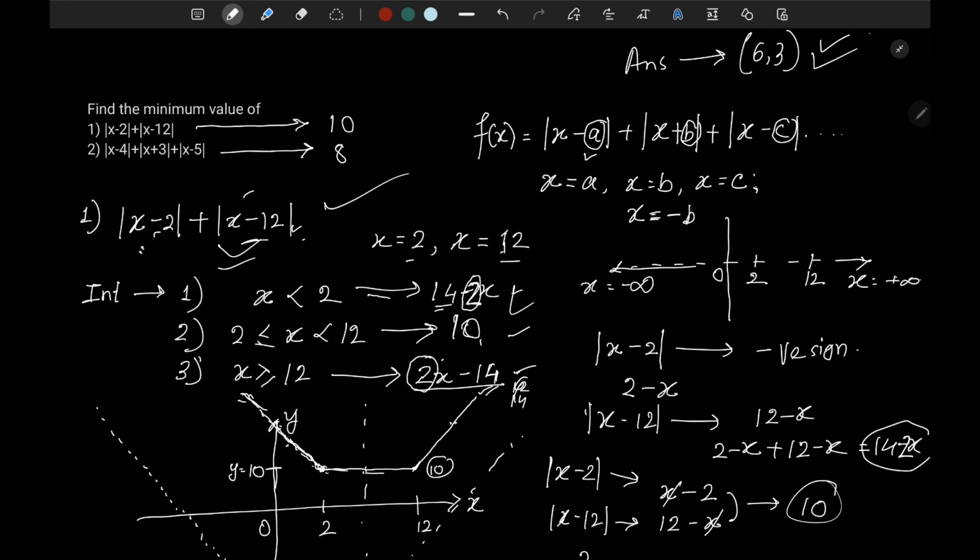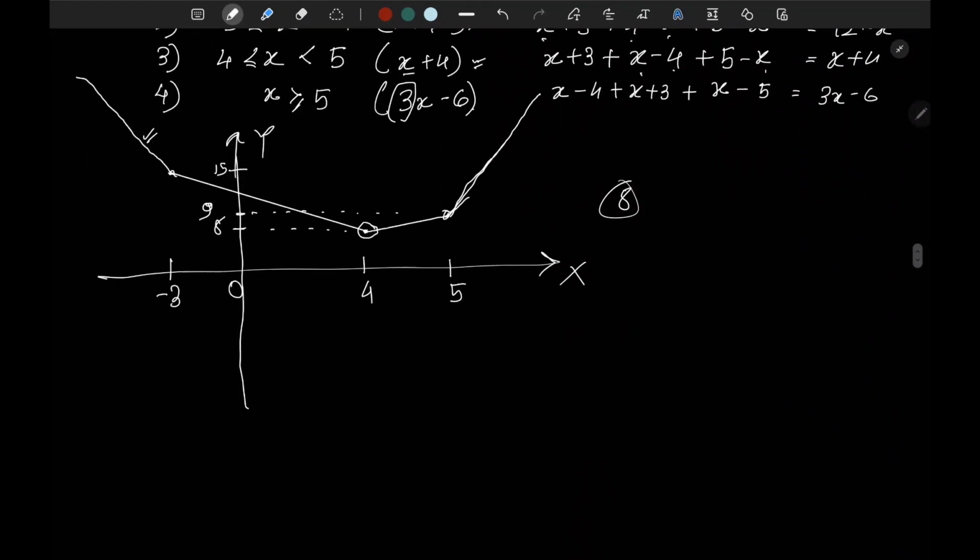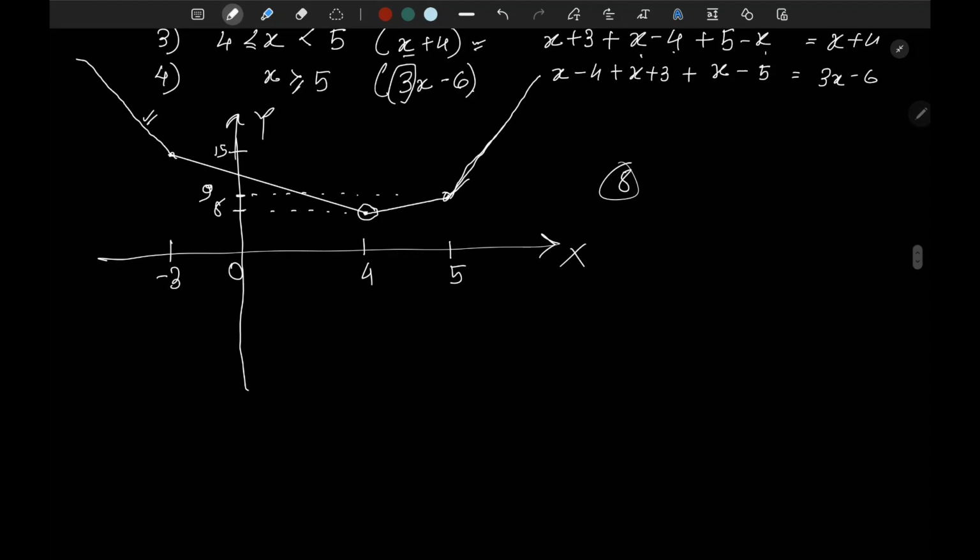Now let's think of a process by which we can quickly figure out the answer without even figuring out the lines within intervals. That can be a pretty hectic process, right? For example, what happens if the number of critical points becomes 4 or 5?